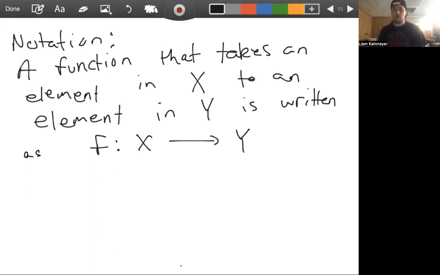Where here X and Y are spaces. Like we could say Rn, Rm, right? But in general, these will just be spaces or maybe subspaces, right?